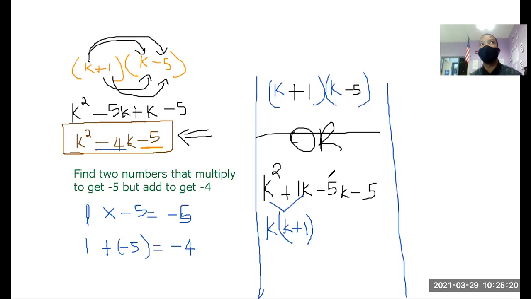Now I look at this part. What's the greatest common factor between negative 5k minus 5? Negative 5. Which gives me k plus 1 left, right? Negative 5 times k is negative 5k. Negative 5 times 1 is negative 5.